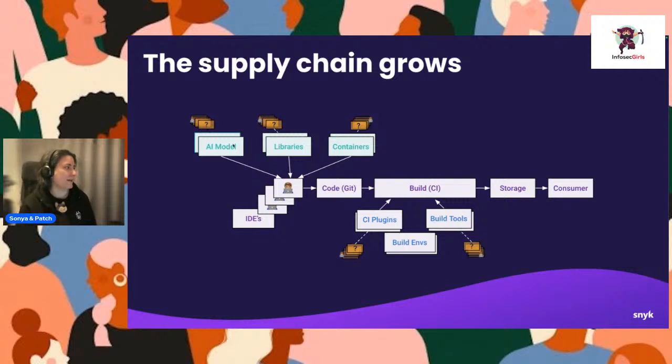But we're adding AI models here. So there's a new actor in this supply chain workflow. Again, this AI model is developed by developers that we can see here. Also, we might be using some tools that help us generate code using AI, and here you can see this little GitHub Copilot logo. It can be used in the IDE of the developers, in the IDE of maintainers and contributors of open source projects, or if they're maintaining container images.